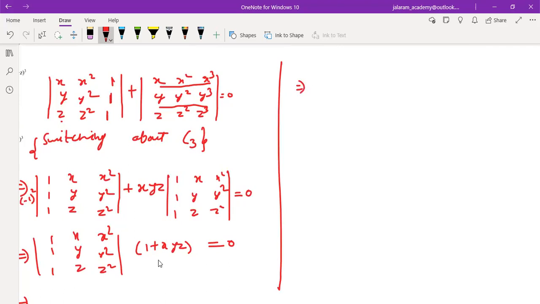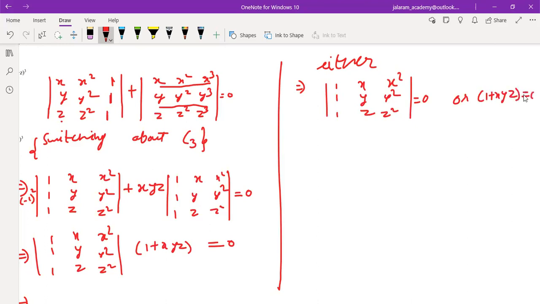Though our answer has been obtained from the second column, we have to prove that the first determinant is non-zero. Either this determinant 1, 1, 1; x, y, z; x square, y square, z square equals to 0, or 1 plus xyz equals to 0. It implies on solving the first determinant to bring zeros, we use R1 operated as R1 minus R2. So 1 minus 1, 0. x minus y, x square minus y square on factorization gives x minus y into x plus y.